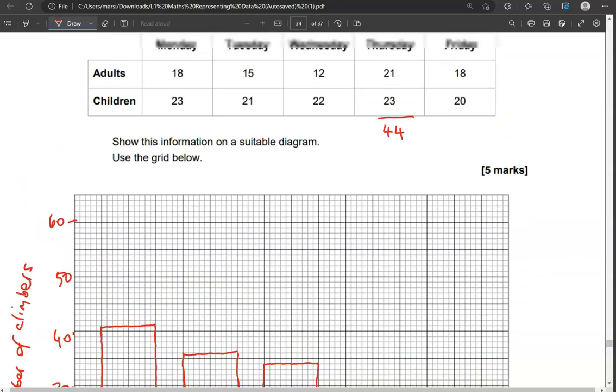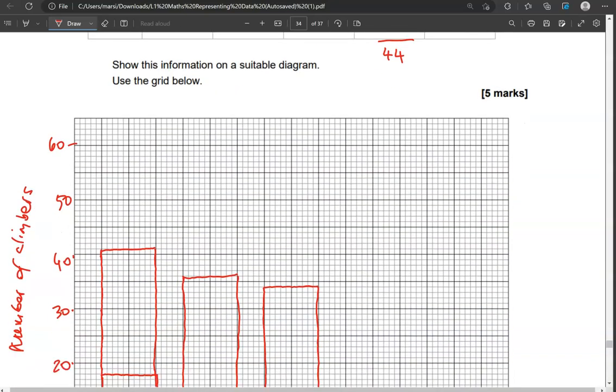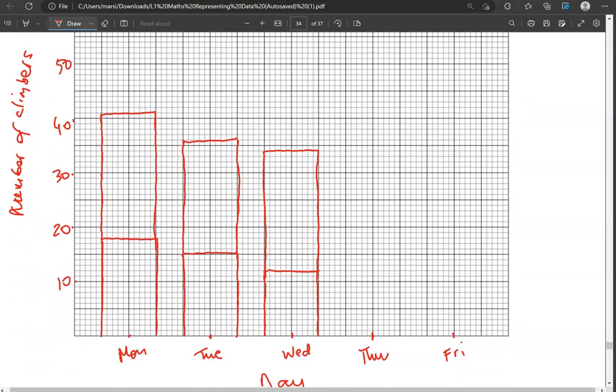Thursday, 21 adults and 23 children. So we're going to go up to 44.